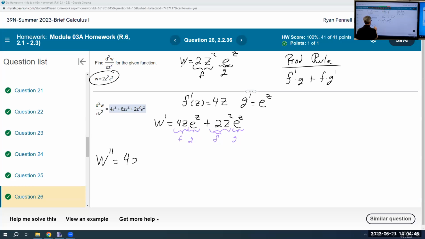So that's 4e to the z plus 4z e to the z plus 4z e to the z plus 2z squared e to the z. So that's the second derivative. And I see that I have two of the same thing, so I can put this together.